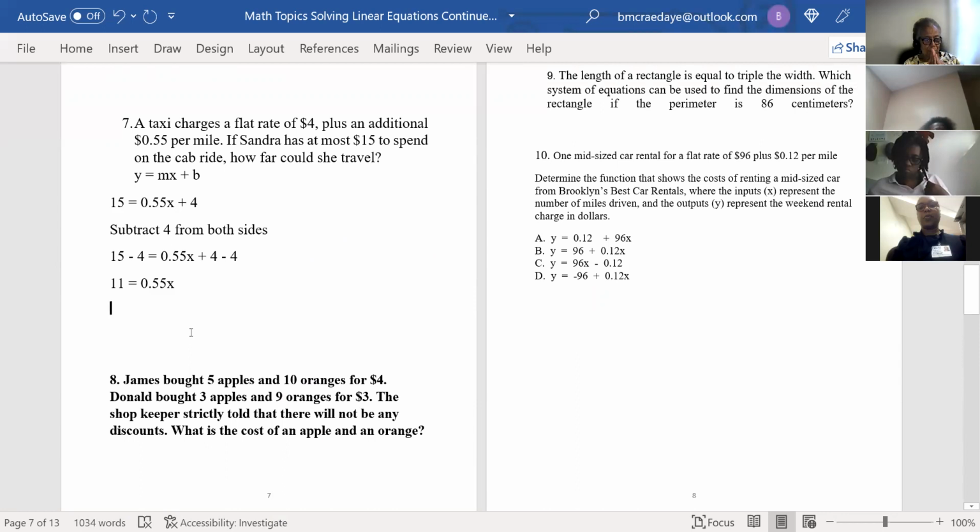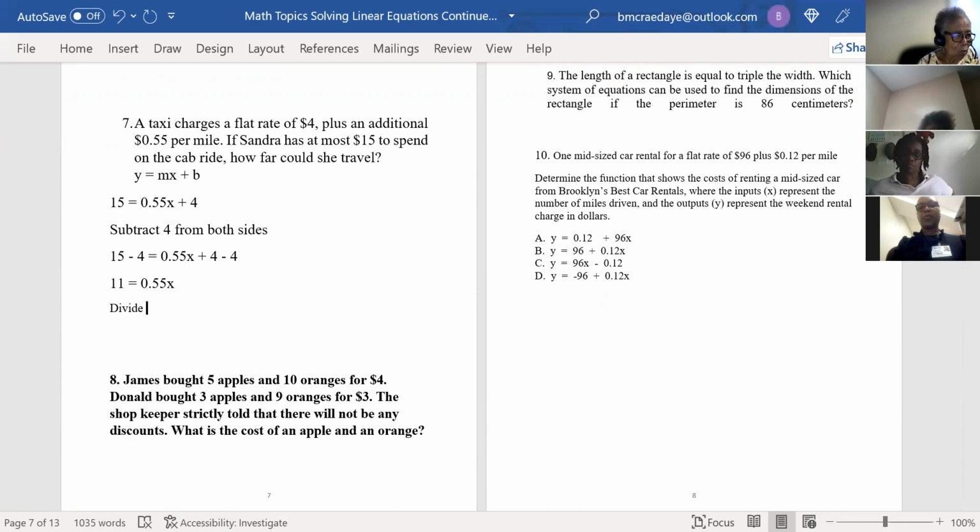First we divide. What do you divide by? 11 on both sides? If you divide by 11, you're going to get 1 on the left side. You want to solve for x.